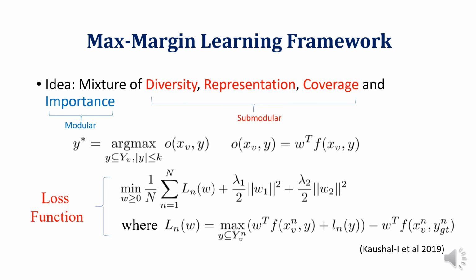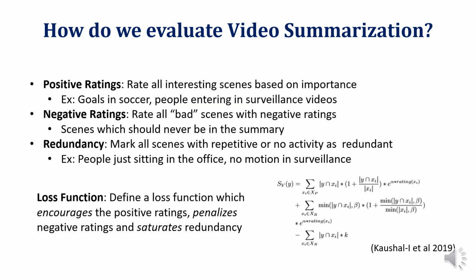And here's a max margin framework that we proposed a couple of years back, where we look at the margin with respect to a whole bunch of submodular functions. And to evaluate video summarization, we look at positive ratings, negative ratings, and redundancy. And a loss function which encourages the positive ratings, penalizes negative ratings, and saturates redundancy.